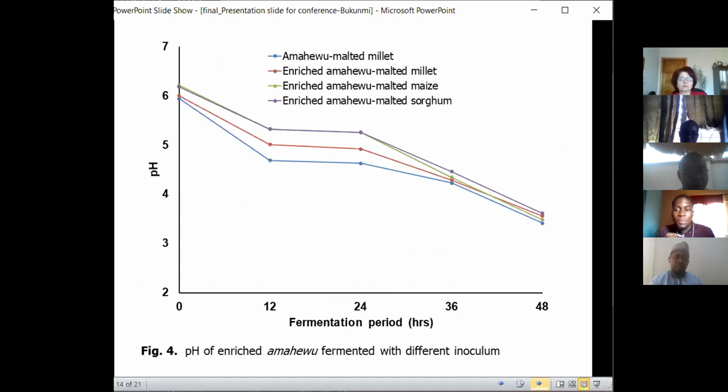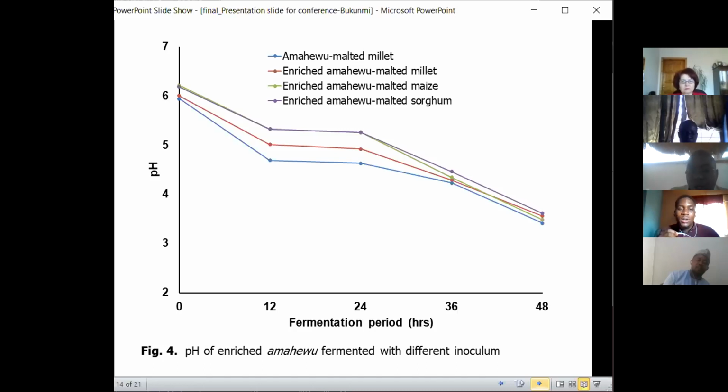During the fermentation, the pH, as I said earlier, and the TTA were checked. This is the result for the pH. Generally, pH is meant to decrease with time of fermentation. So from this graph, you can see that from 6, the pH started dropping to about 4 point something in the sample without soybean addition.